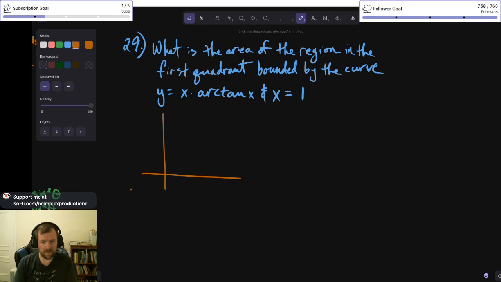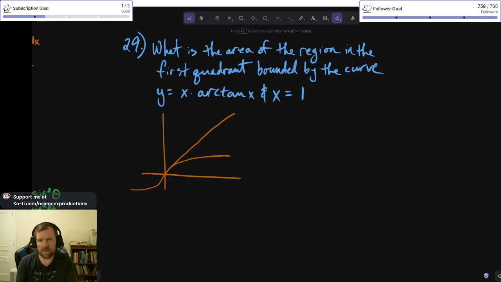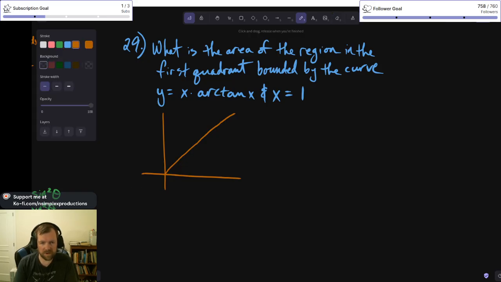Arctangent normally looks like this. However, because it is x times arctangent, this is going to be multiplied by a larger and larger value every time, which may very well end up being like pseudo-linear.